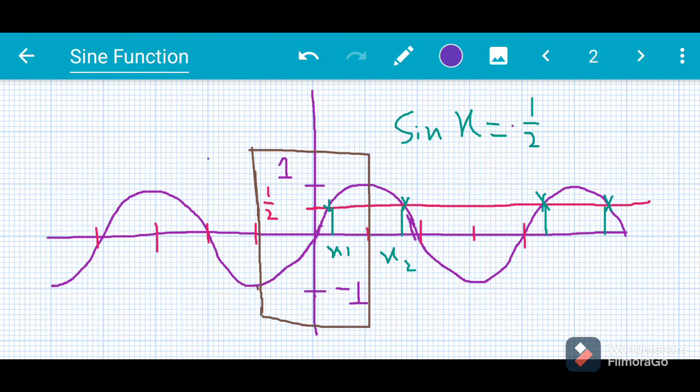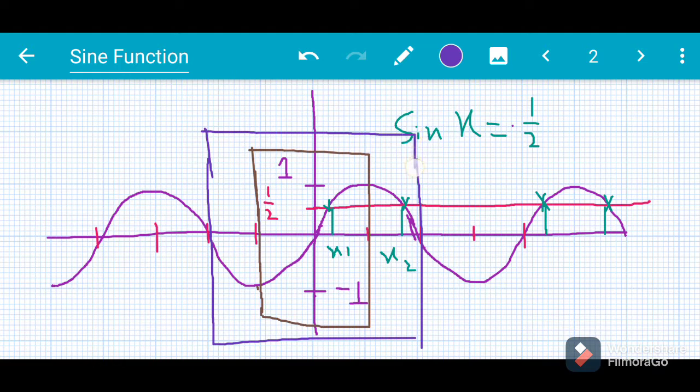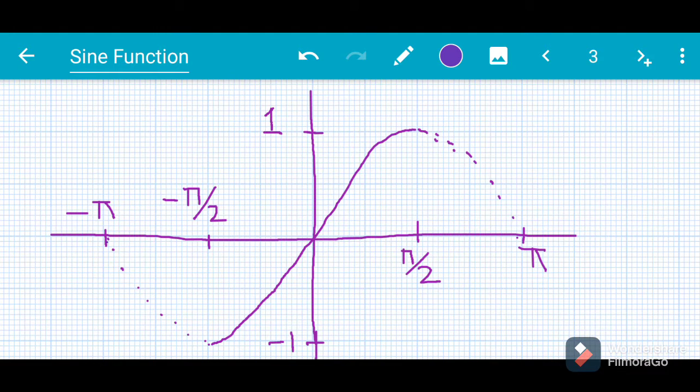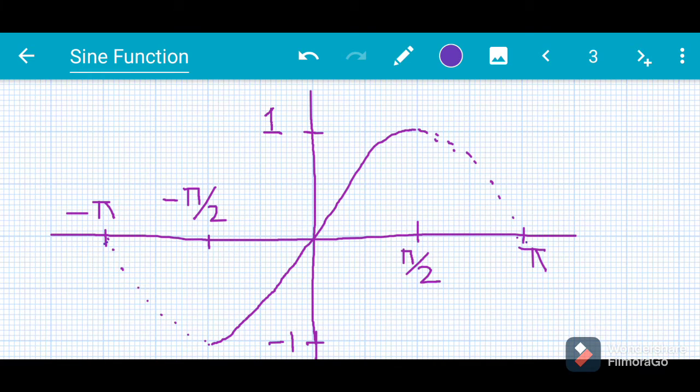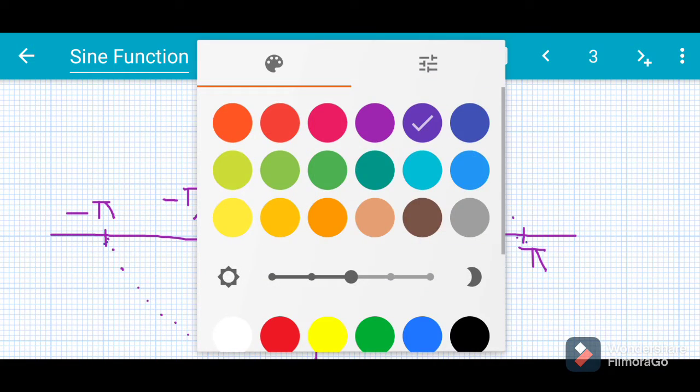This is the portion we will use, in bold line, and the rest of the curve is in dotted line.